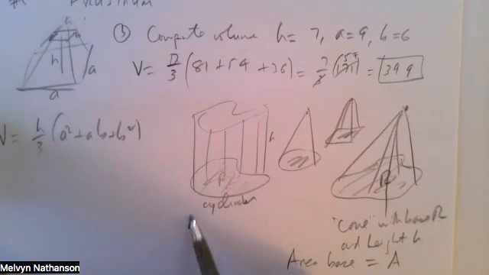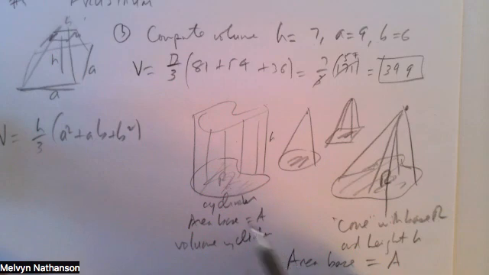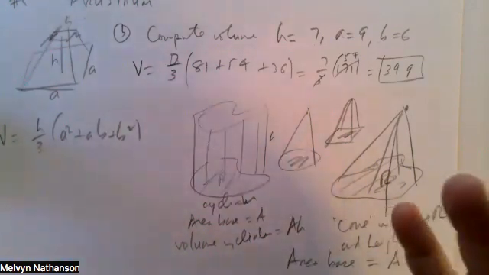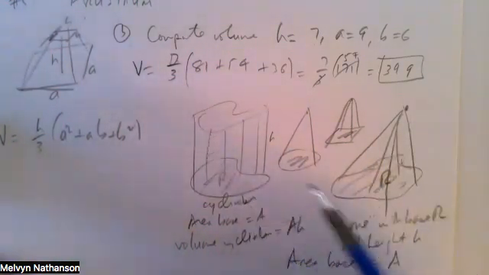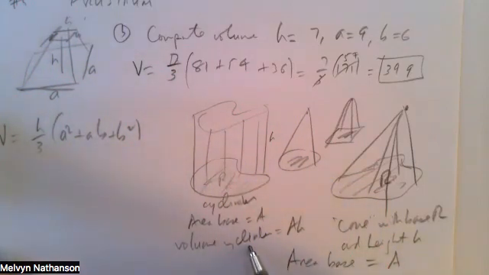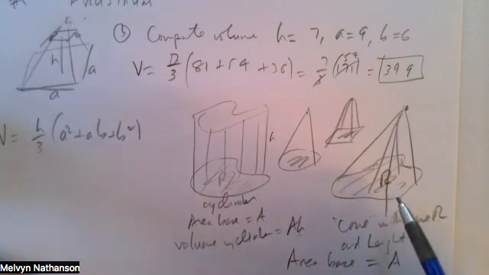And again, if the area of the base is equal to A, the volume of the cylinder is just the area of the base times the height. Right? If you think of an ordinary cylinder with a circular base, it's the area of the base times the height. In general, the volume of a cylinder is the area of the base times the height.